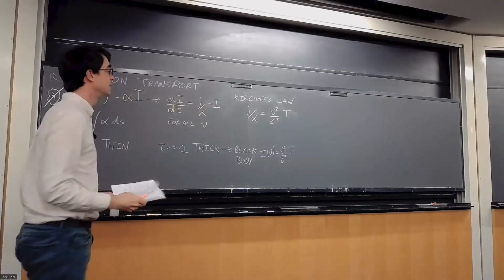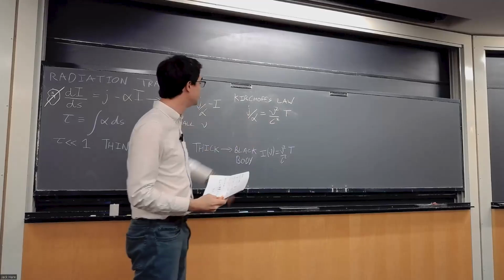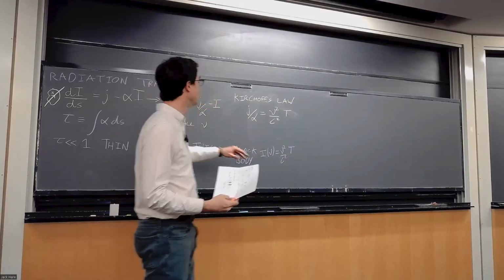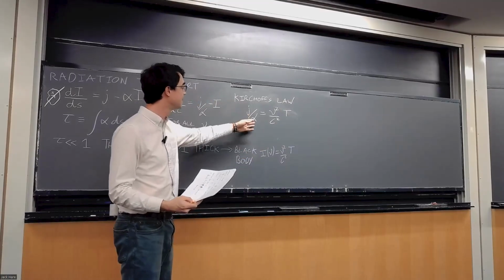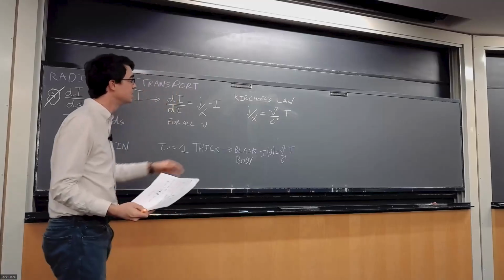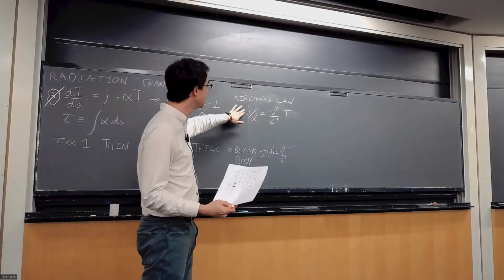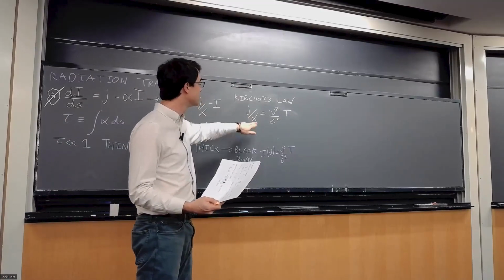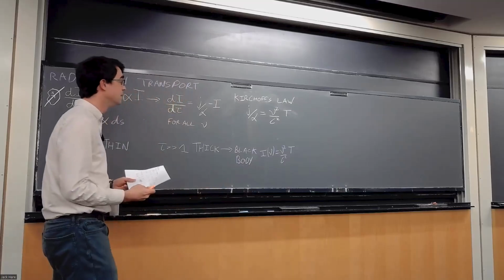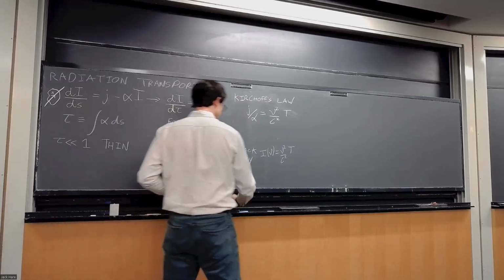And this effectively tells us that the emissivity and the opacity are linked together. And so if we calculated one, we automatically have a calculation of the other. And simultaneously, if we have a region with high emission at some frequency, that's also a region with high absorption as well. So these two quantities are linked.